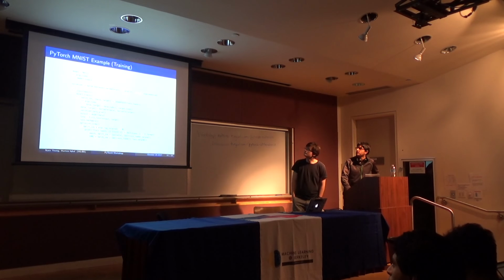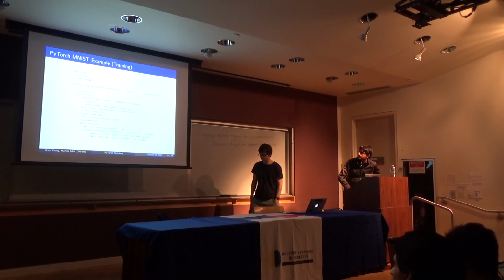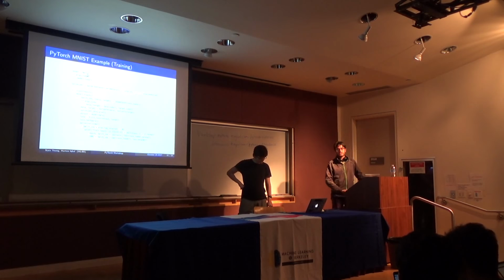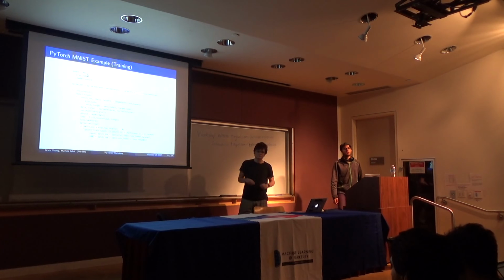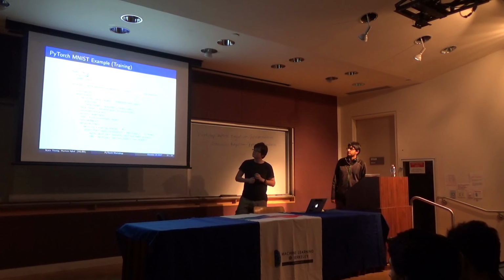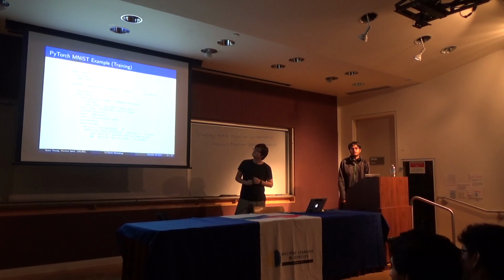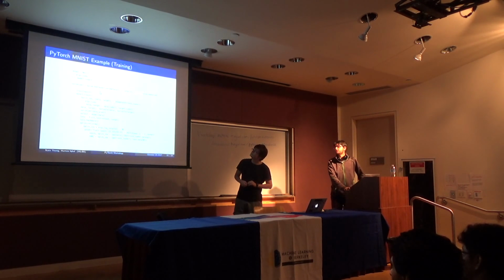And now for training, the first thing over here, model equals net, we're instantiating an instance of the model that we saw on the last slide. If args.CUDA, that's just initializing CUDA if we have it. And then we have our optimizer, we're setting it to an SGD with the parameters of the model.